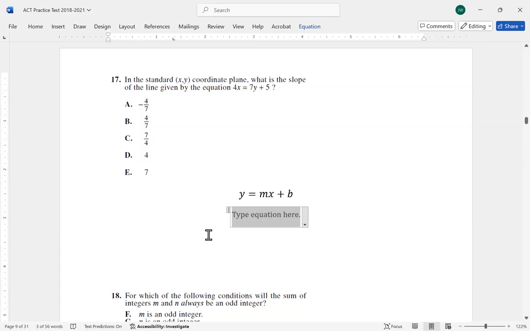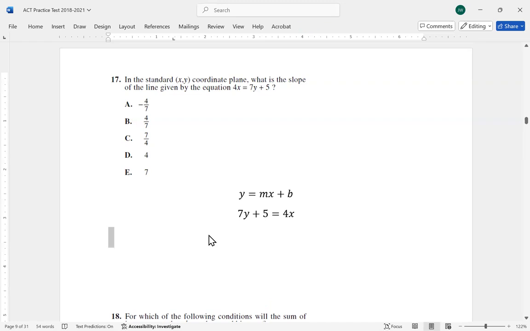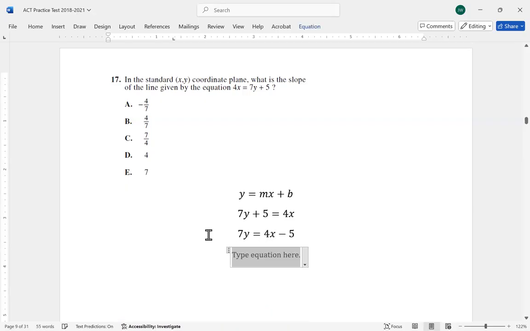So what I'm going to do is take 7y plus 5 and write that on the left-hand side, and on the right-hand side, I'll write the 4x. Now to put this into slope-intercept form, the first thing I would do is subtract 5 from both sides. And then the second thing I would do is divide both sides by 7.